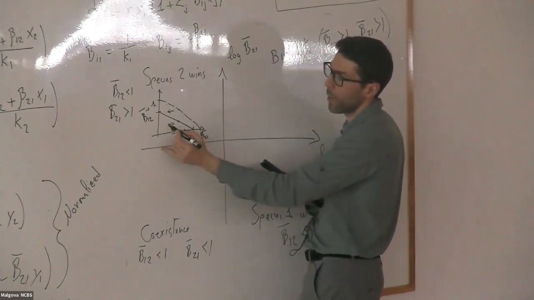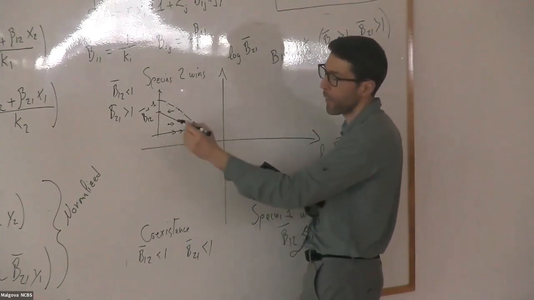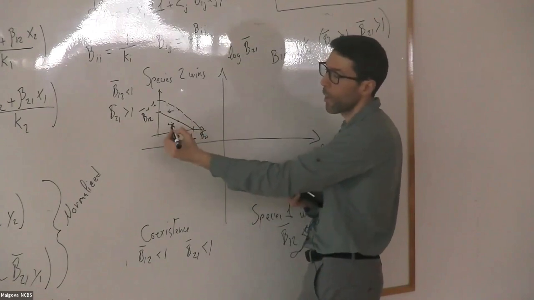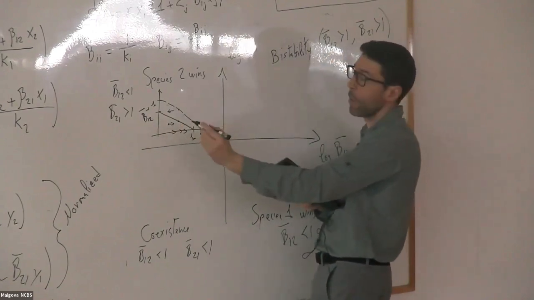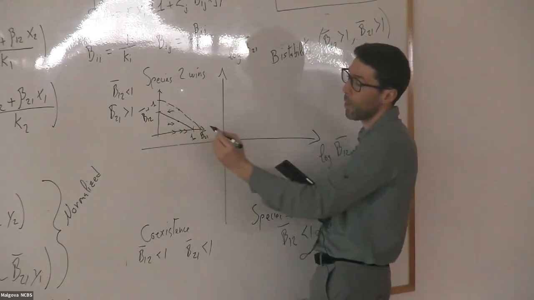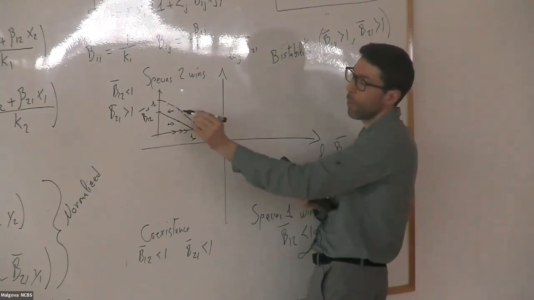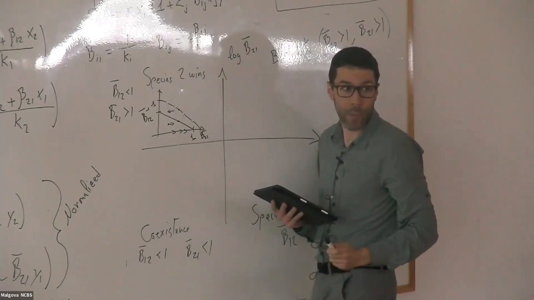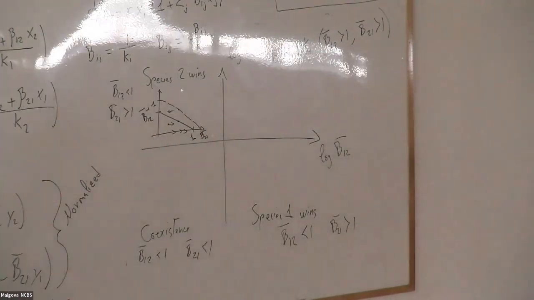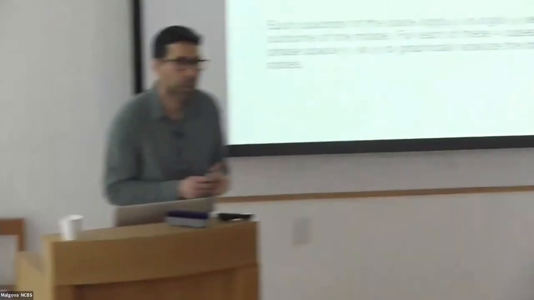So if we are here with some amount of x1 and some amount of x2, x1 will grow. It will go to the right. But if we are above this, it's like being above the carrying capacity, we will go to the left. Is this clear? Yeah? Okay. Any question about that?